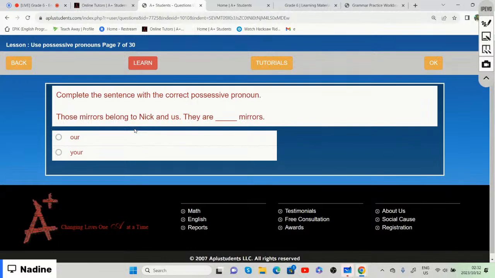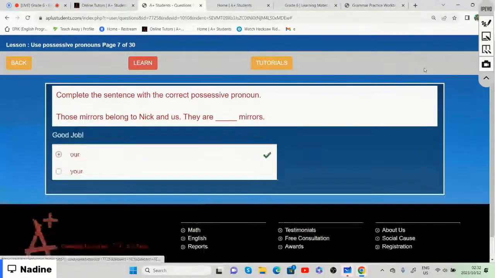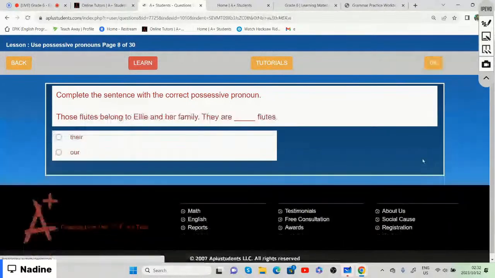Then we can just say they are our mirrors. Yes, so well done. Our is correct.